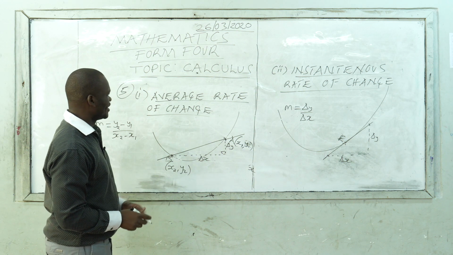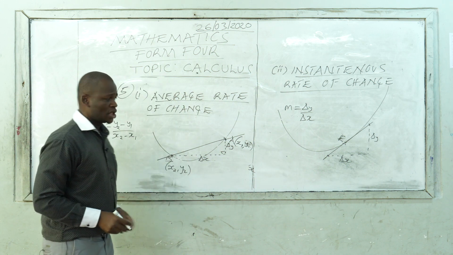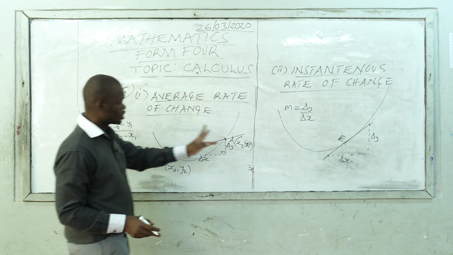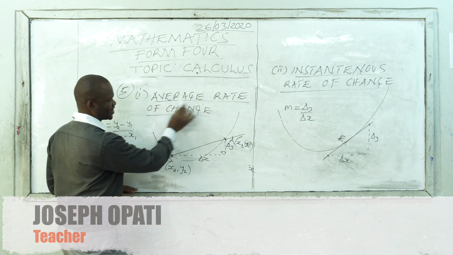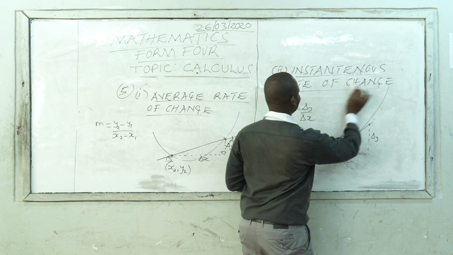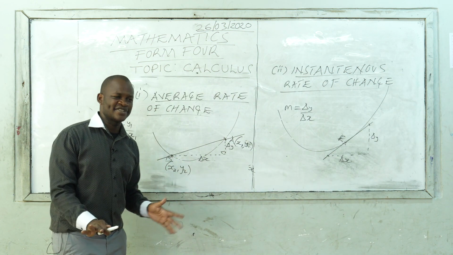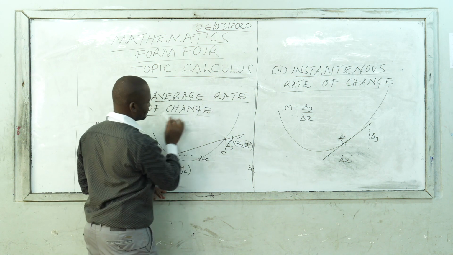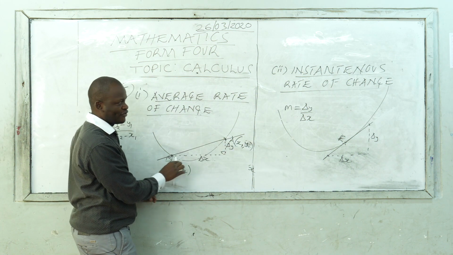So we are done with that. I want to see if I can quickly go to the topic calculus, but let me give a summary of these two concepts. Average rate of change and instantaneous rate of change: what are the two key differences? The first difference is that in average rate of change, I am dealing with 2 points on the curve.